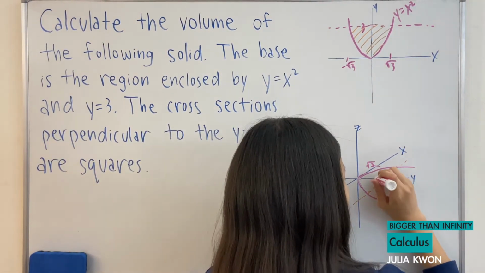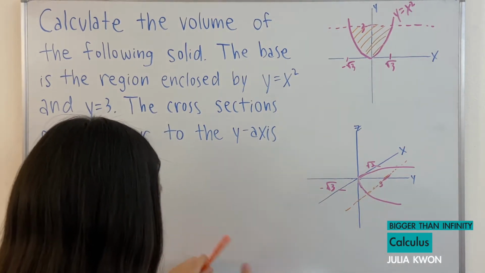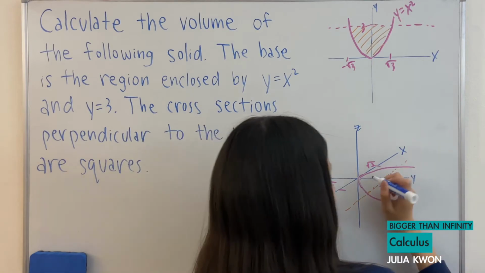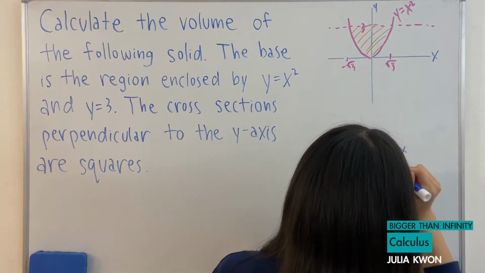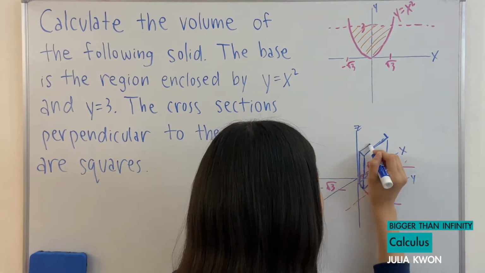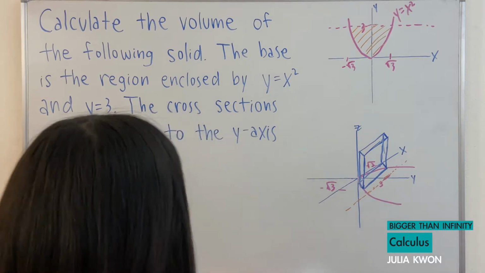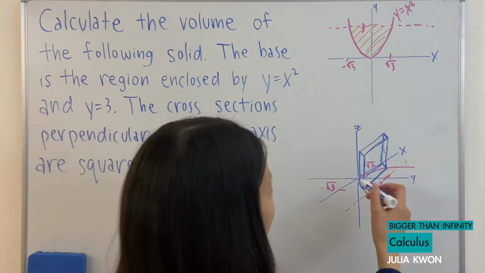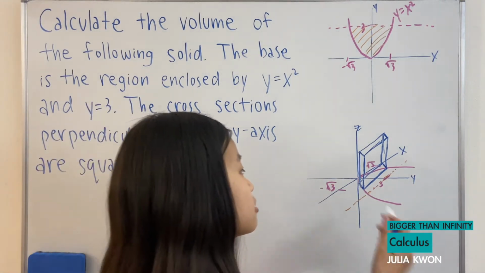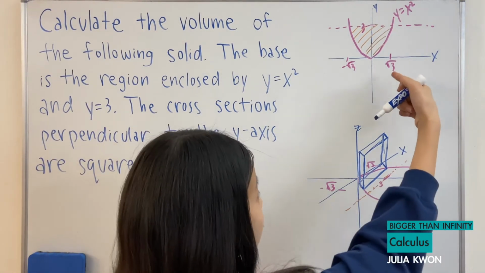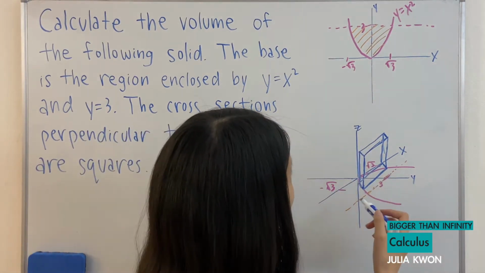I'm going to draw the square in blue. So this would be kind of what the square would look like. Remember that the sides are the same length, since it's a square. I'm going to go back to here, because I just did this to demonstrate it.